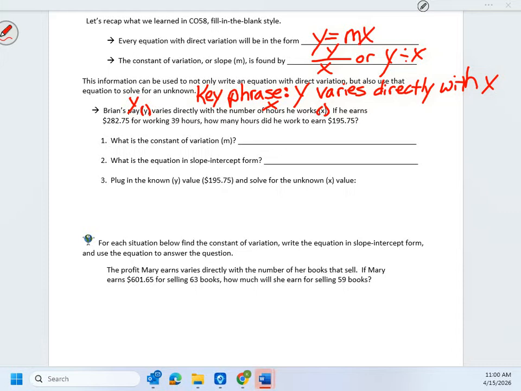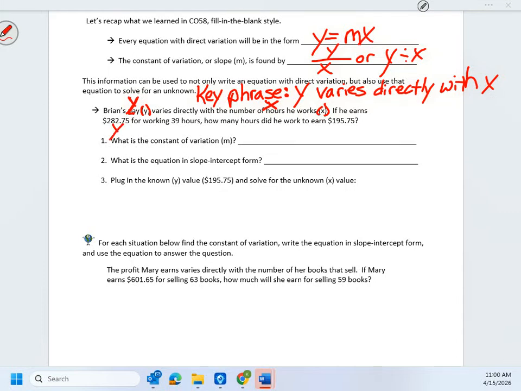If he earns $282.75 for working 39 hours, which one's the Y and which one's the X with the numbers that we're given? Y is the number of hours, so 39. So if I look up here where I wrote my Y and where I wrote my X, what's the Y? Oh, wait, it's the pay. The pay is my Y, so I'm going to put a Y with the pay.